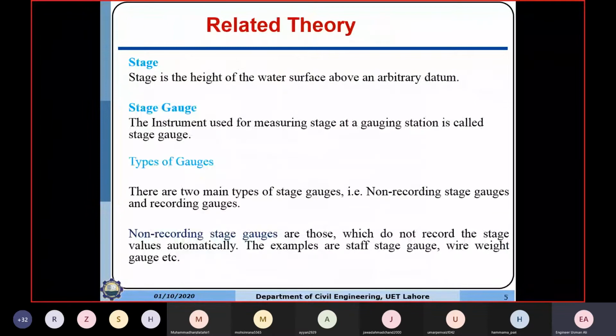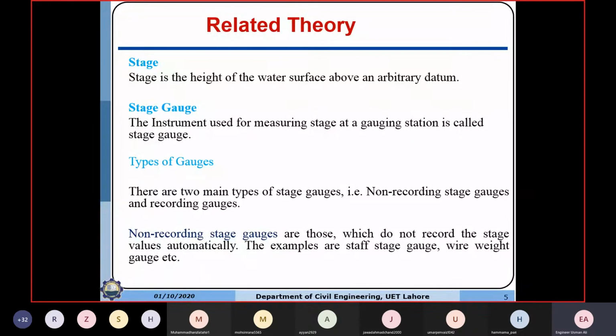What is a stage? First of all, stage is the height of water surface above an arbitrary datum. Like when you do surveying, you find the reduced level. You always have some datum, like mean sea level or any other datum, with respect to which you write the reduced level of a certain place.